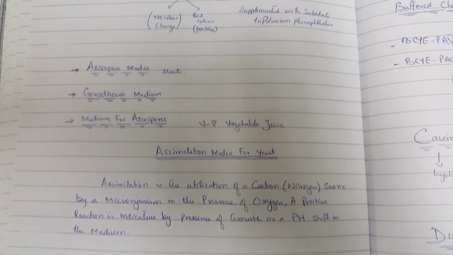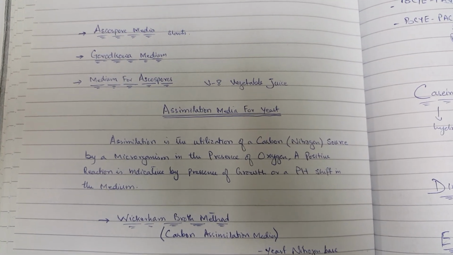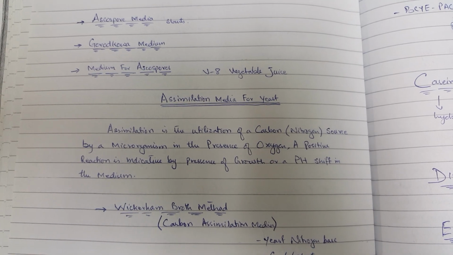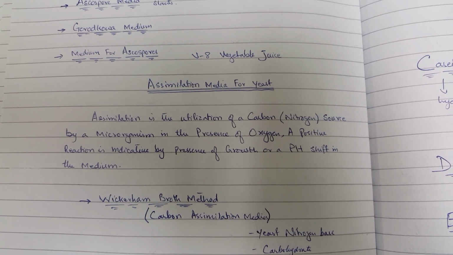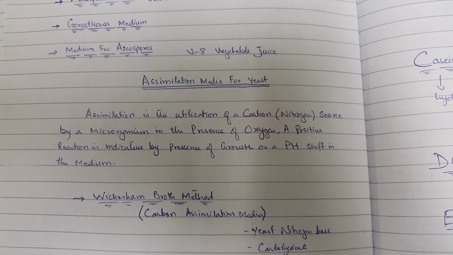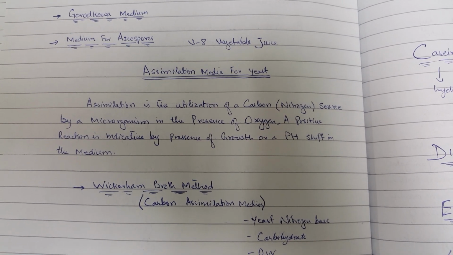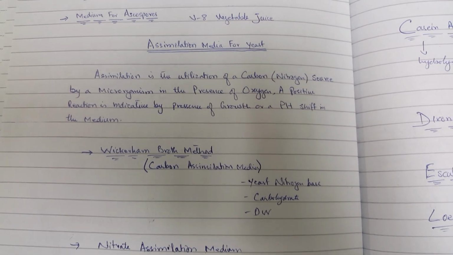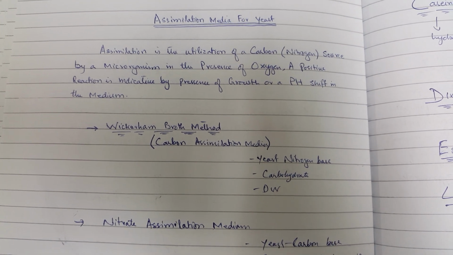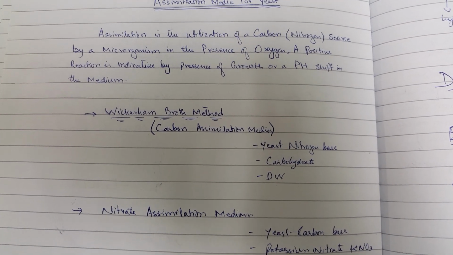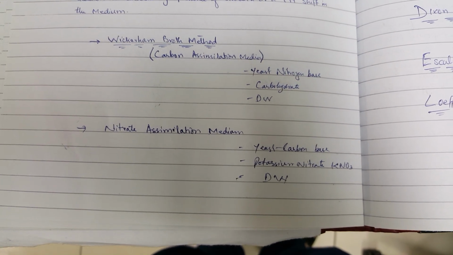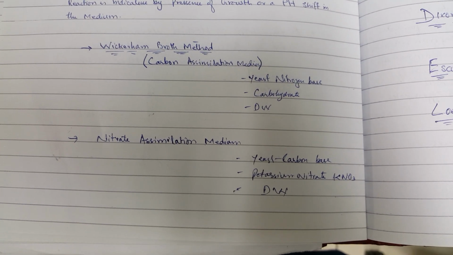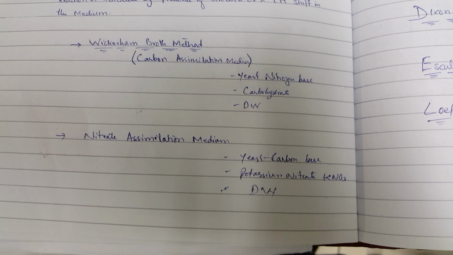Assimilation media for yeast: assimilation is the utilization of a carbon or nitrogen source by the microorganism in the presence of oxygen. A positive reaction is indicated by growth or a pH shift in the medium. Wickerham broth method is a carbon assimilation medium: yeast nitrogen base, carbon and distilled water. Nitrogen assimilation medium is yeast carbon base, potassium nitrate, and distilled water.